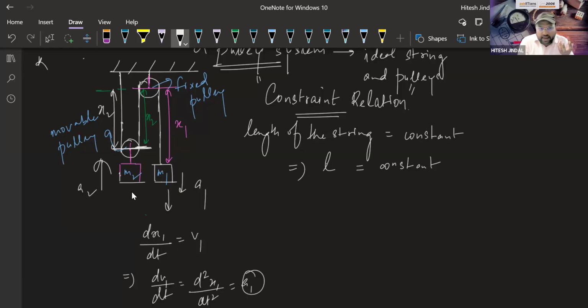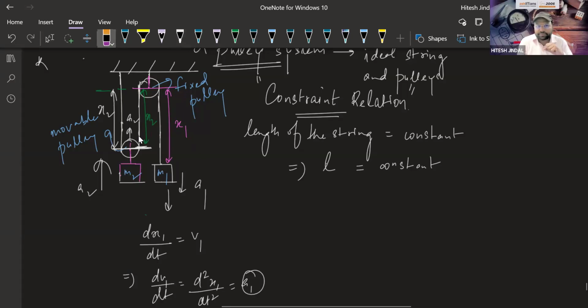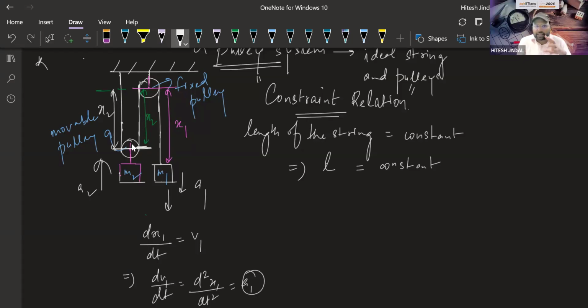And as m2 will go up, right? Can I say if the acceleration of m2 is a2, the same is the acceleration of this pulley, right? Yes, sir. And as m2 goes up, this pulley will go up, and this x2 will change. This x2 will change or not? Yes, sir. And it will decrease, right? I'm taking this to be going up.